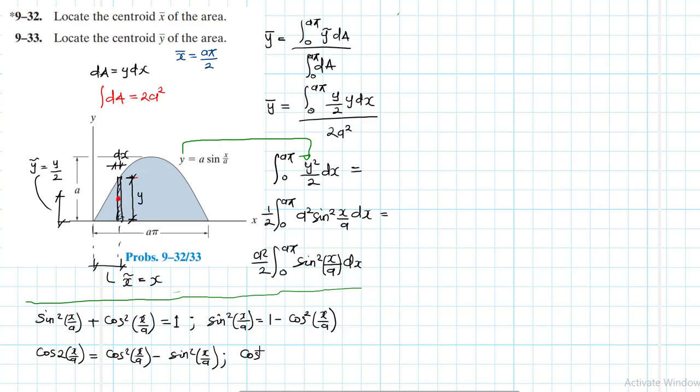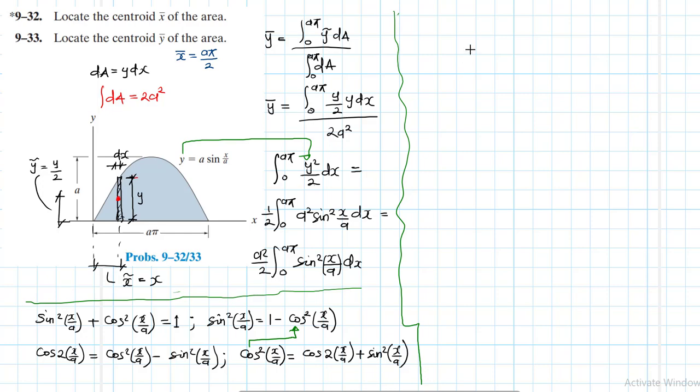And we can write this in terms of cos: cos squared x over a is equal to cos 2x over a plus sine squared x over a. So we can replace this here, and when we do so, we have the following expression.